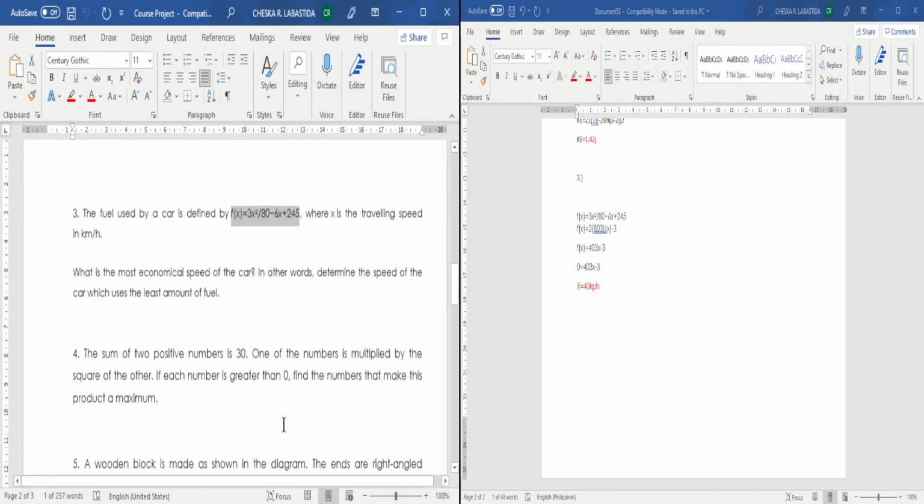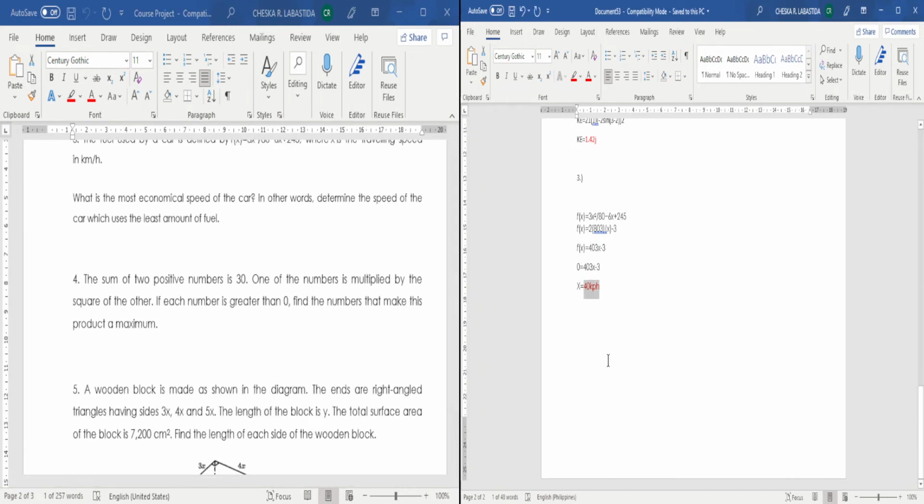Okay, so now let's go to number 4. The sum of two positive numbers is 30. One of the numbers is multiplied by the square of the other. Find the numbers that make this product a maximum.